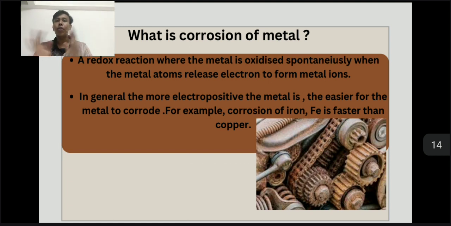Corrosion of metal is a redox reaction where the metal is oxidized spontaneously when the metal atoms release electrons to form metal ion. In general, the more electropositive the metal is, the easier the metal corrodes. For example, corrosion of iron is faster than copper.